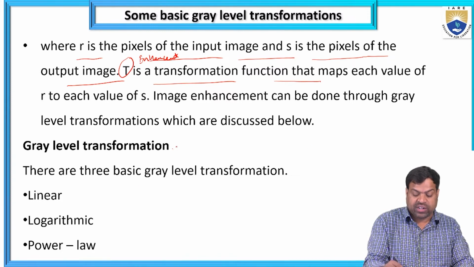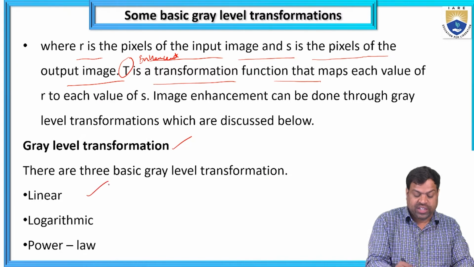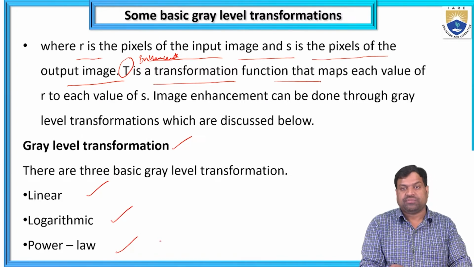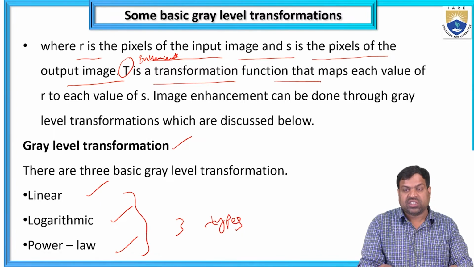There are three basic gray level transformations: linear, logarithmic, and power law. So, we will discuss these.